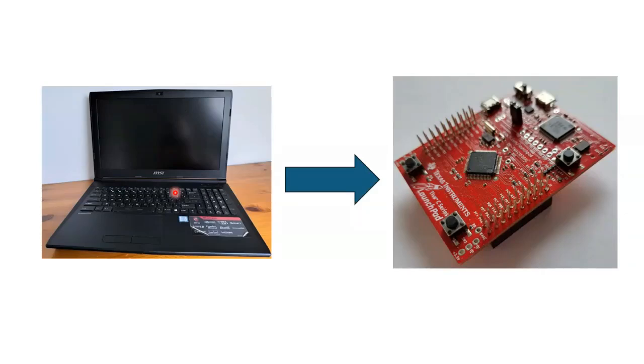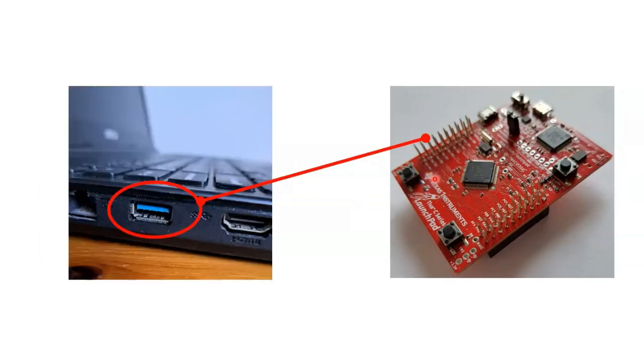Hardware connections. Let's take a look at how we can connect a laptop or a desktop to the TIVA C-Series Launchpad board. Now, in my case, I need to connect my laptop to the TIVA C-Series board using the USB port on my laptop.